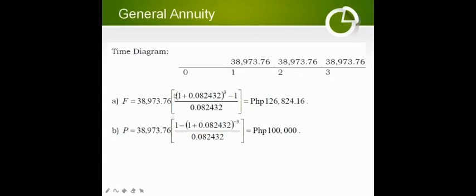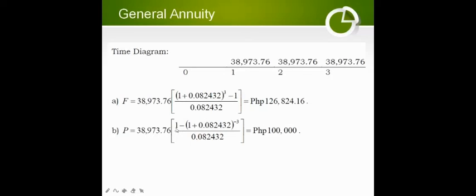And then that is raised to 3 minus 1 all over 0.082432, yung interest pa rin. So, using your scientific calculator, you will get 126,824.16.